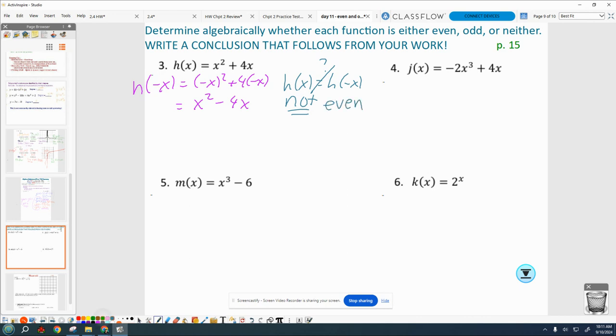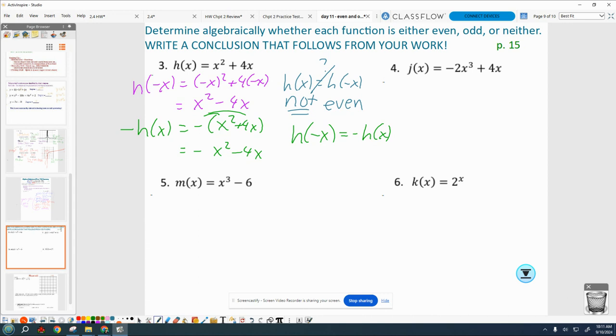Okay. Nora, what do you say the next test is that we have to do? We could check if it's odd, which is just multiplying the whole function by a -1. So I need to distribute that -1, and I get negative x squared minus 4x. Does h of negative x, this stuff in green, equal that?